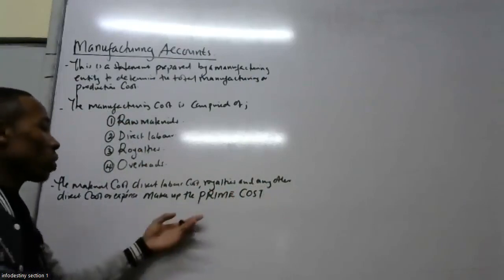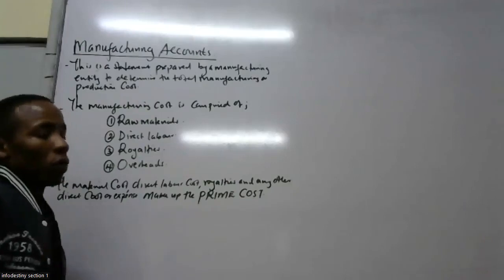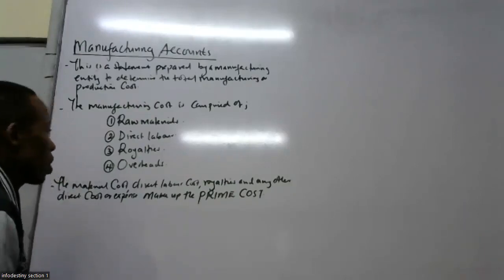In other words, it's called what? Prime cost. This is the total value of all direct costs.